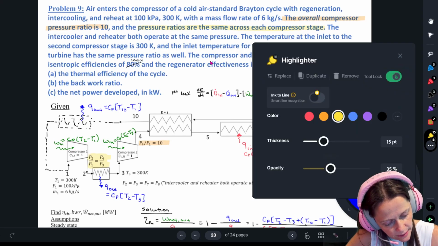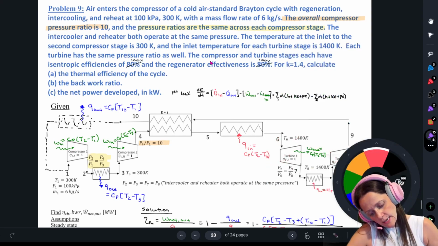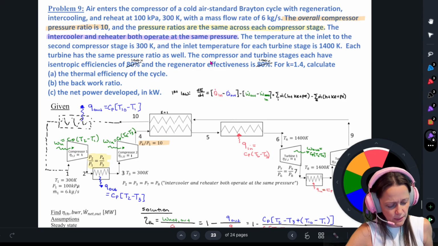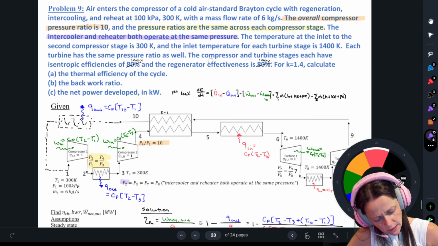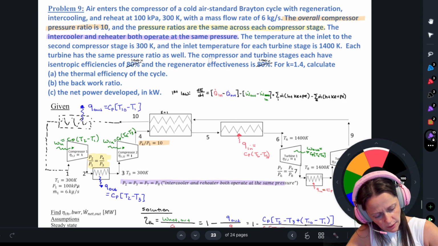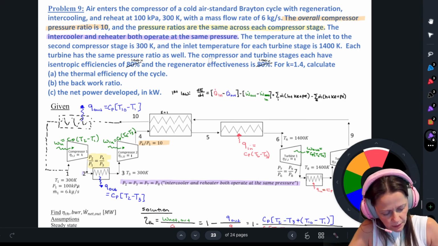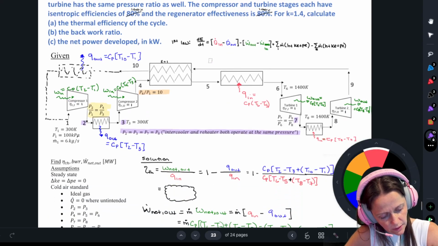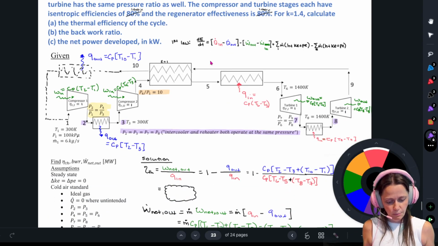Then the next thing it tells me is that the intercooler and the reheater both operate at the same pressure. So that's this piece of information right here: P2, P3, P7, P8, they're all operating at the same pressure.